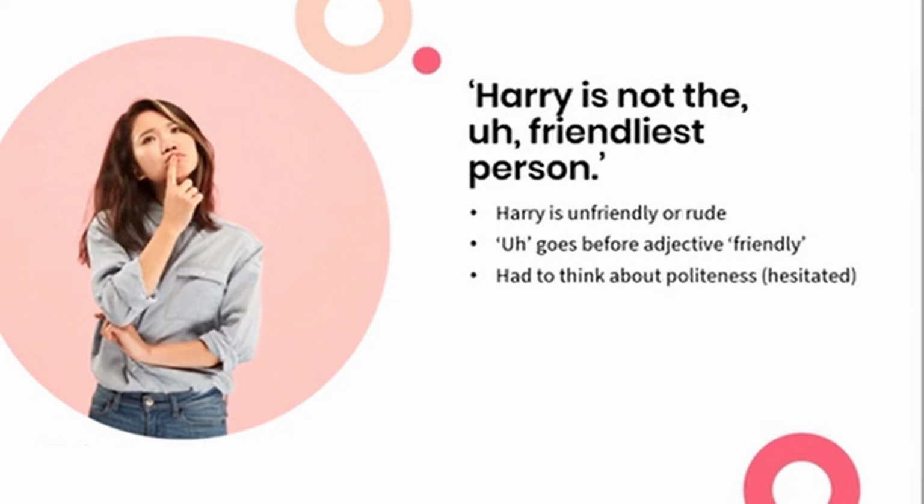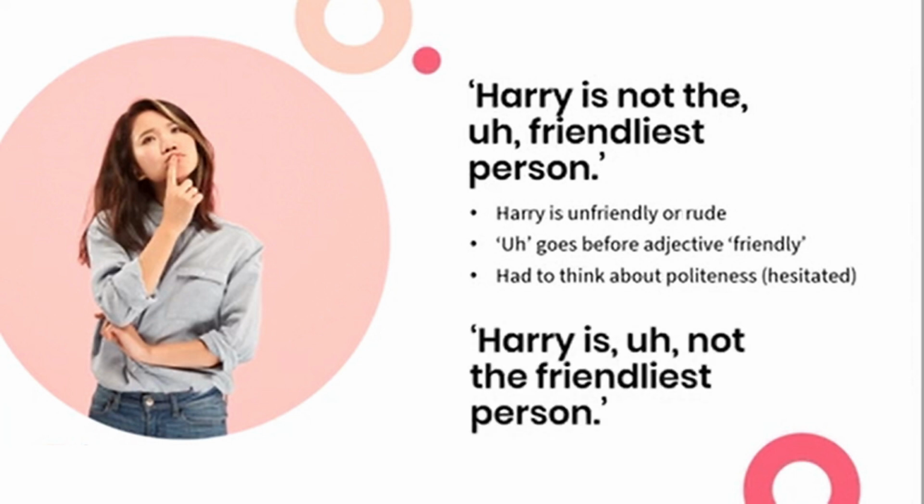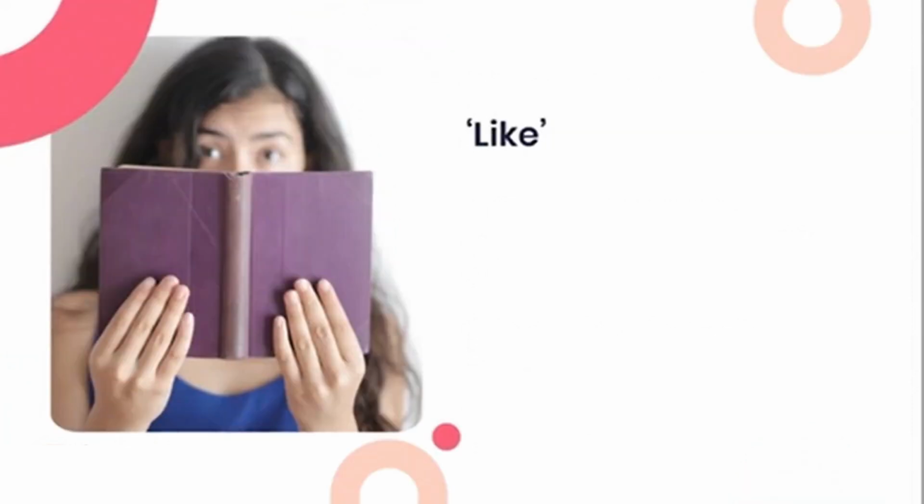I hesitated and added the filler. Again, you can also add the filler somewhere else in the sentence for a similar effect. Harry is not the friendliest person. There are endless examples of situations to use it. You can use it in almost any sentence.